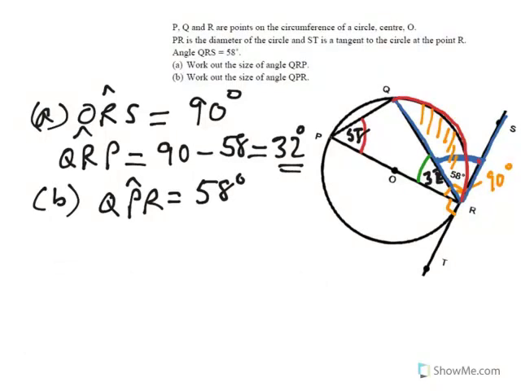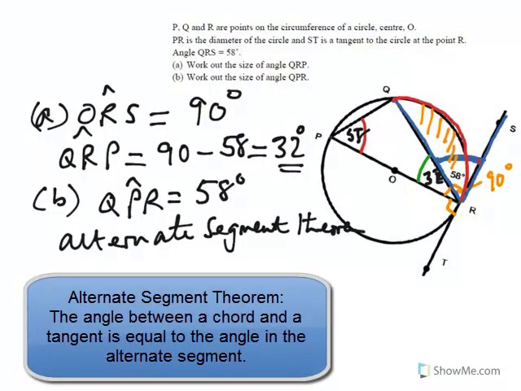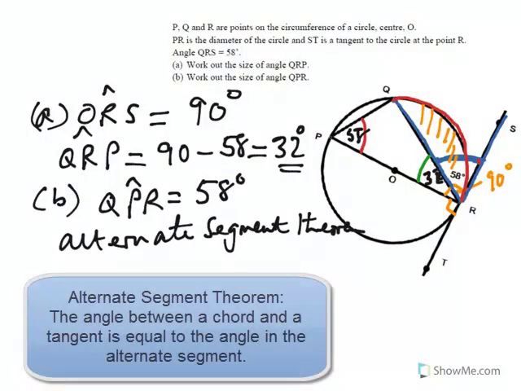Now, the reason is the alternate segment theorem, which states that the angle between a chord, that's QR, and a tangent, RS, is equal to the angle in the alternate segment. So what's the second method?